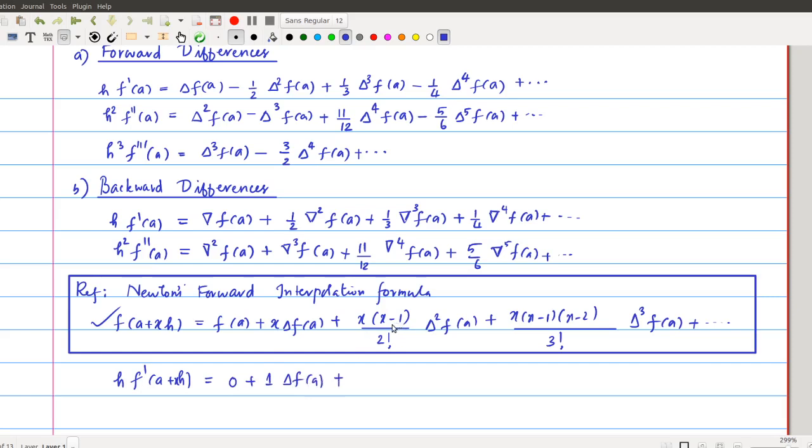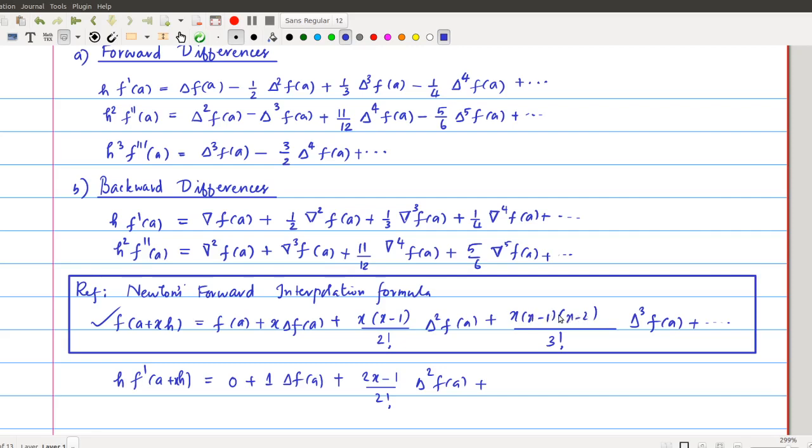Okay, x square minus x, the derivative of x square minus x is 2x minus 1 divided by 2 factorial again, times del square f of a, plus, and you expand this, this will be a third degree polynomial, say 3x square minus 6x plus 2.